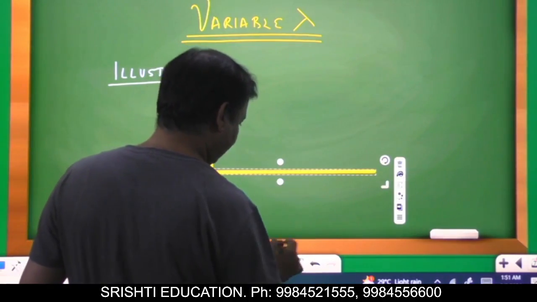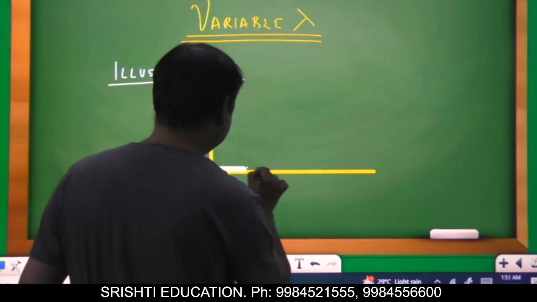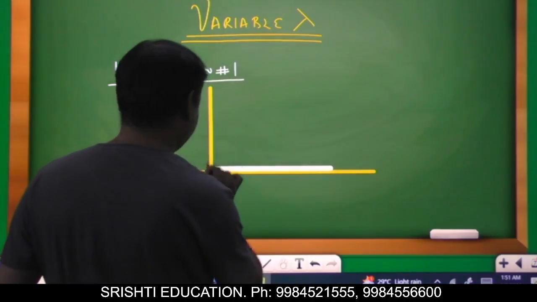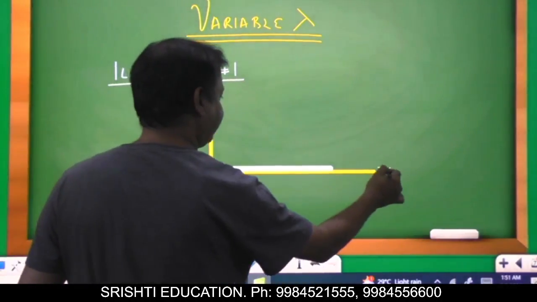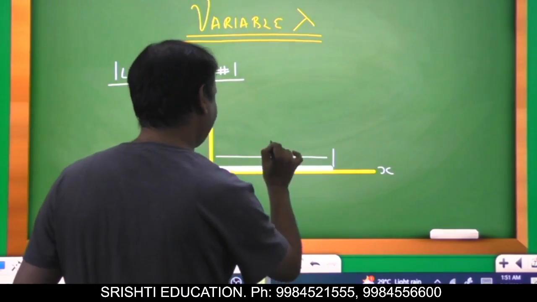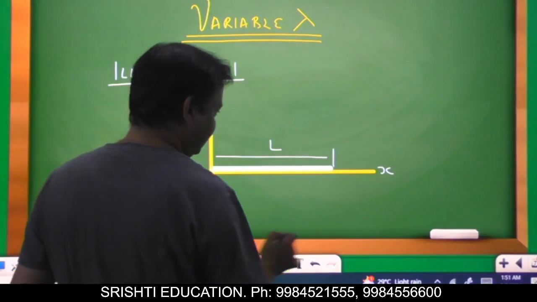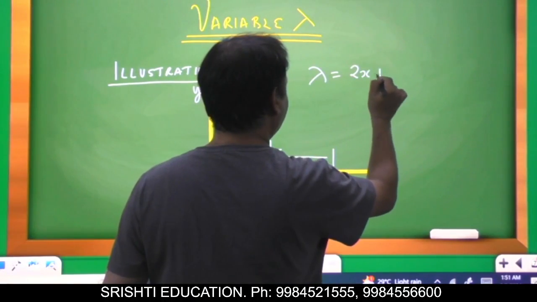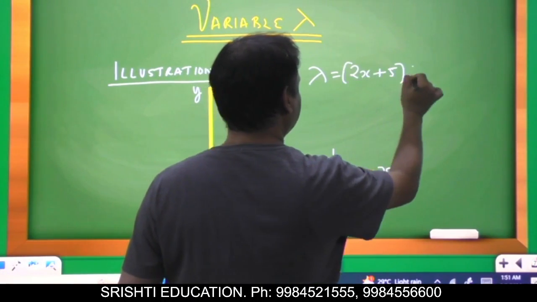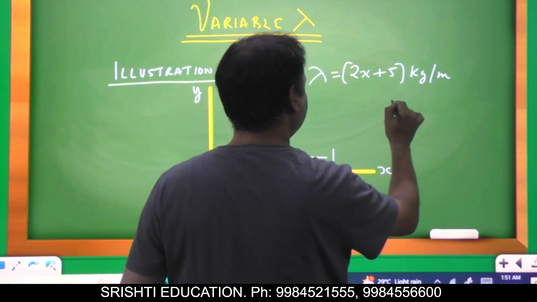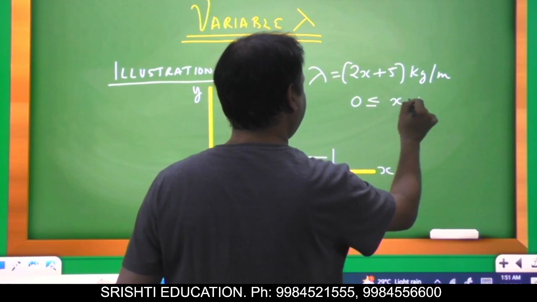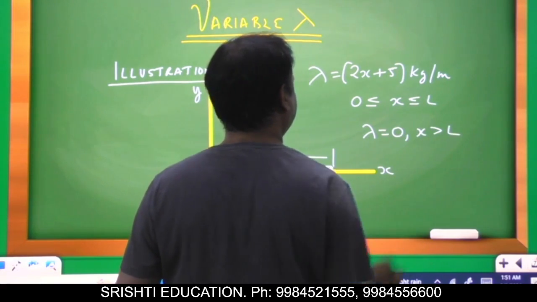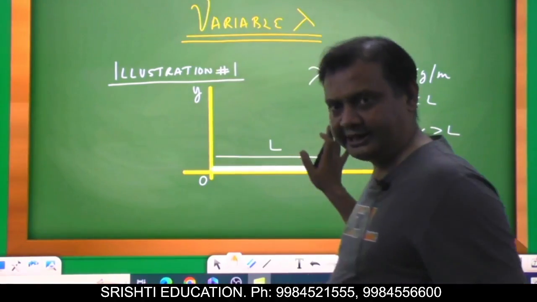This is the origin, this is the y-axis, and this is the x-axis, and the length of the rod is L. You are given lambda as 2x plus 5 kg per meter when x is between 0 and L, and lambda is equal to 0 when x is greater than L. What is the meaning of this inequality?